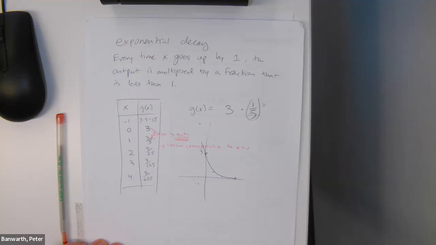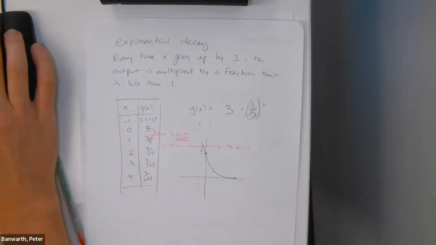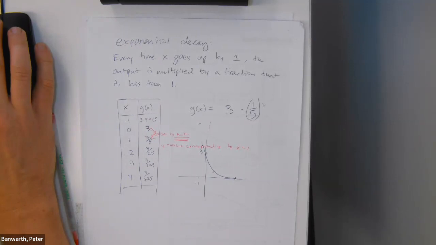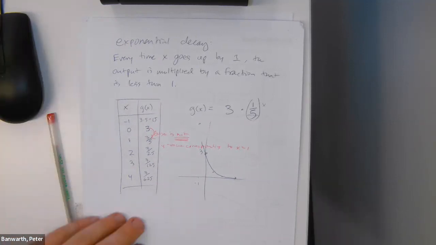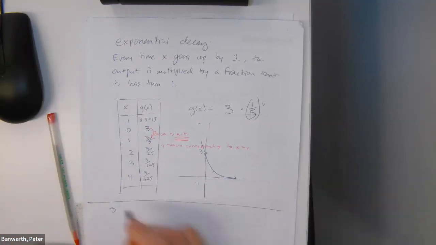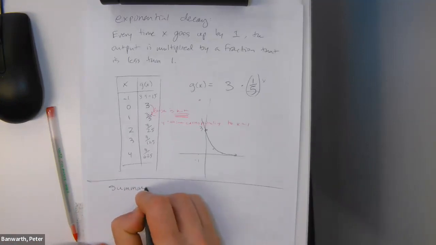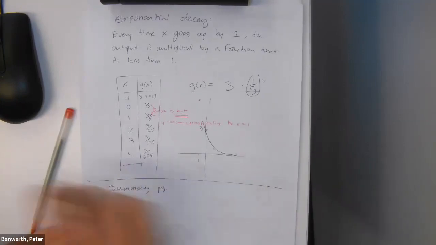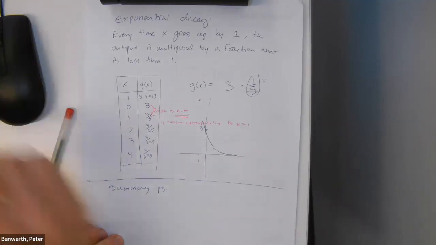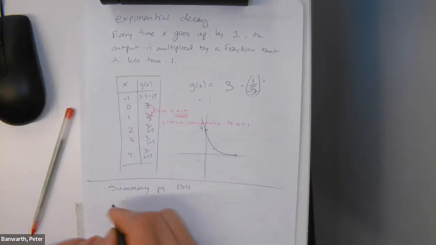All right, I said I'd do 2 quick examples. I'm just going to do 1 example, and then we'll move on. Let's start looking at a summary really quickly. This is page 134.